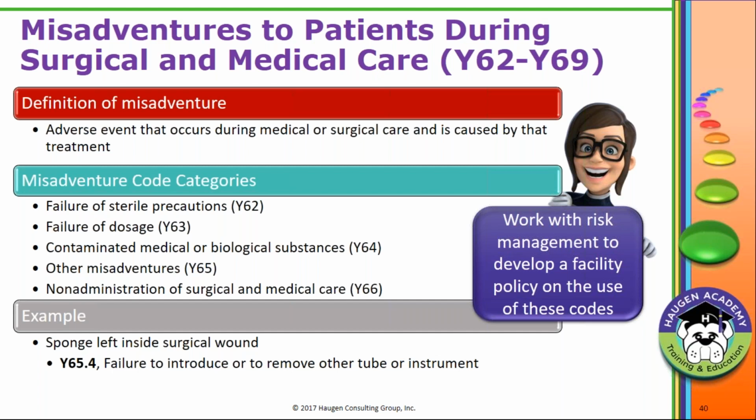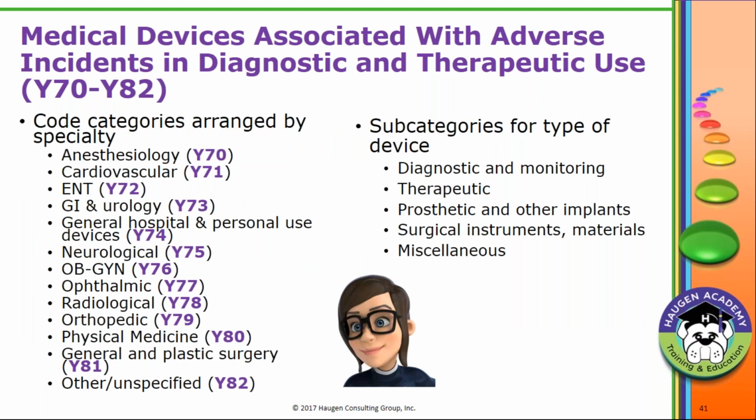So you can elect not to use these codes, but I would make sure that you've got administration on board with that. There are codes for medical devices associated with adverse incidents in diagnostic and therapeutic use, and this is more breakdown or malfunction of the medical device.